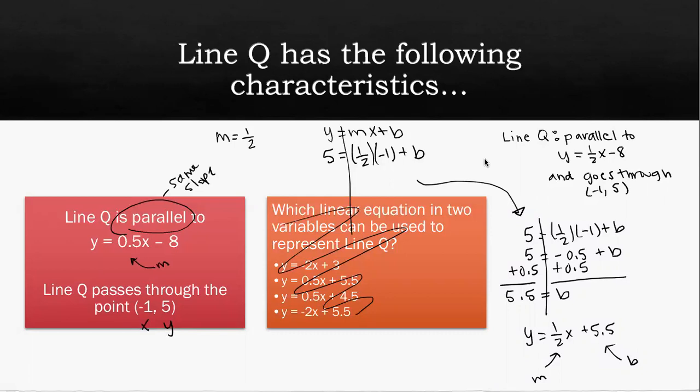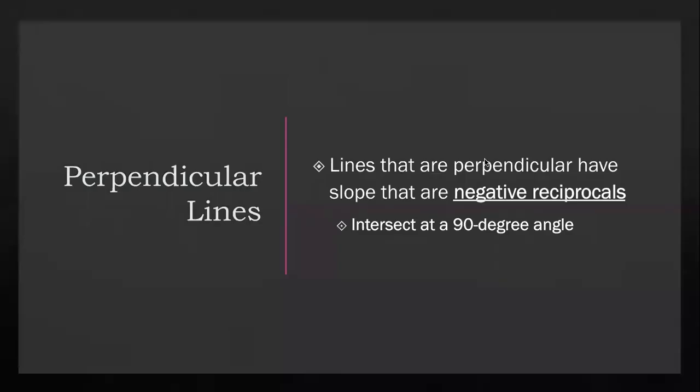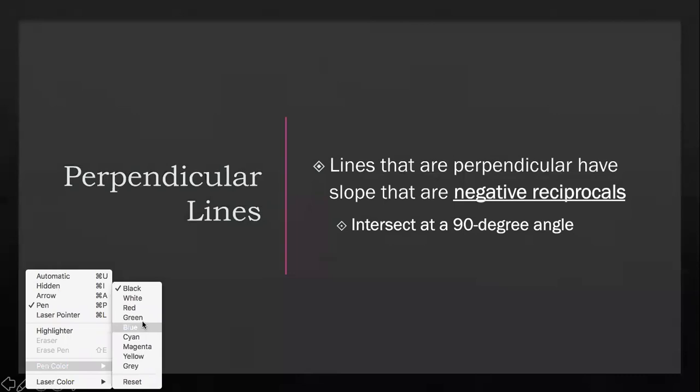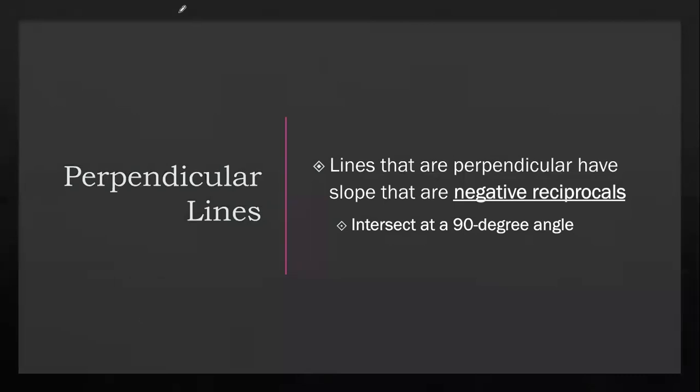So that was parallel. So what's the other thing that we need to look at? Perpendicular. This one can be the more intimidating one. Perpendicular lines. So parallel lines have the same slope.